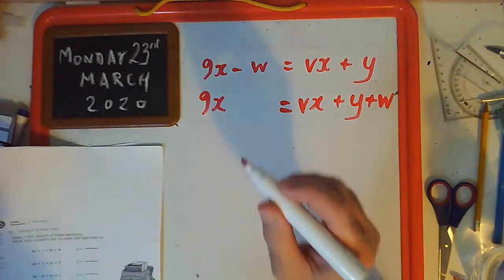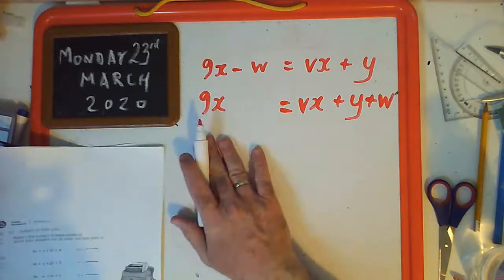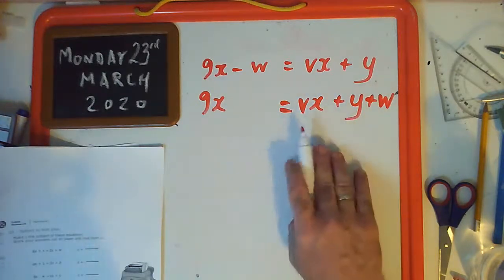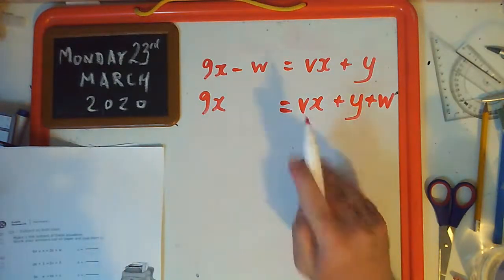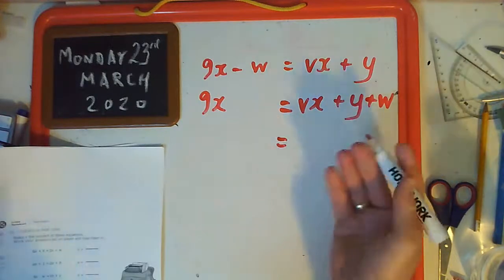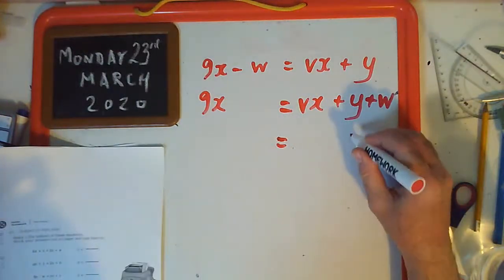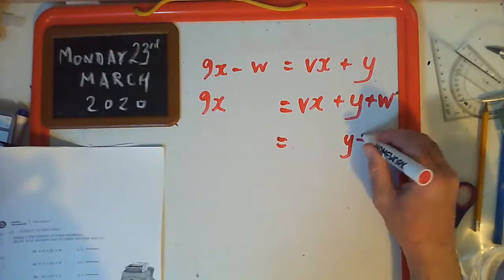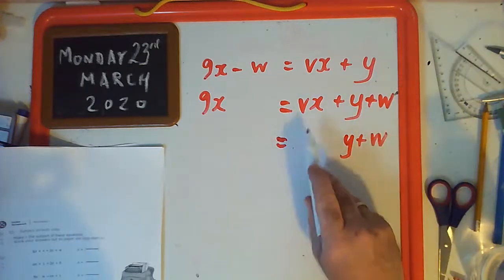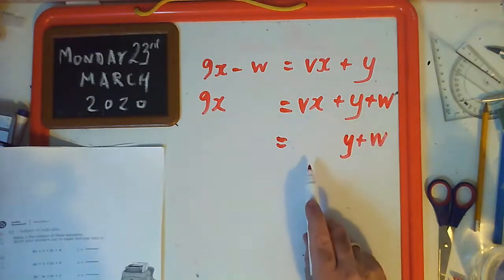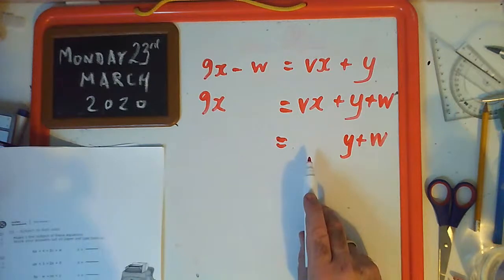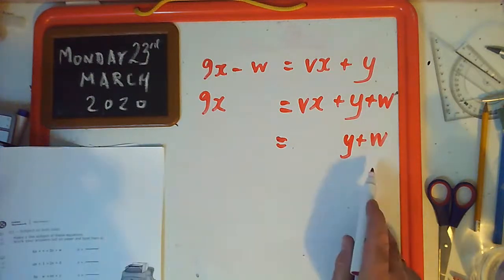Okay, so I've got an x term on its own on the left, I've got some other things and something with an x on the right. So I'm trying to get all of my x on the left. So I'm going to take away that vx. So I'm subtracting the term vx, v times x, from the right.